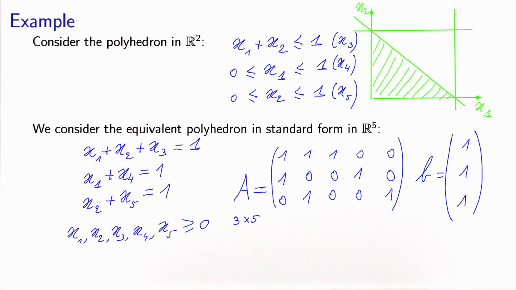So now that we have this representation, we can select basic variables and calculate the basic solution. In the first example, let's select x1, x3, and x5 to be in the basis. So we extract these 3 columns from the matrix in order to form the matrix B. So that's what I will do in the next slide.